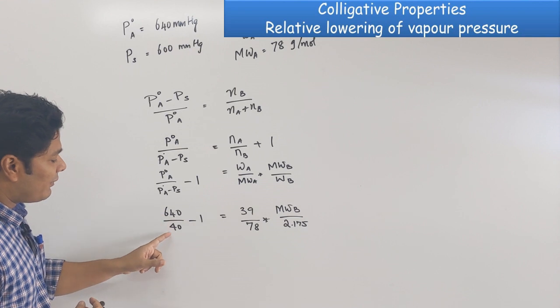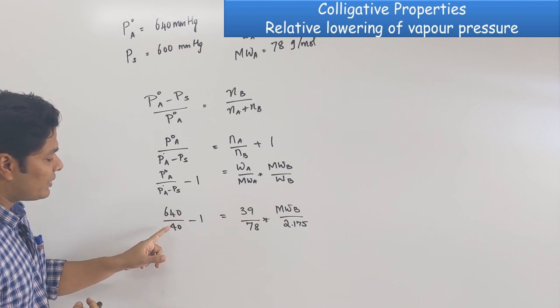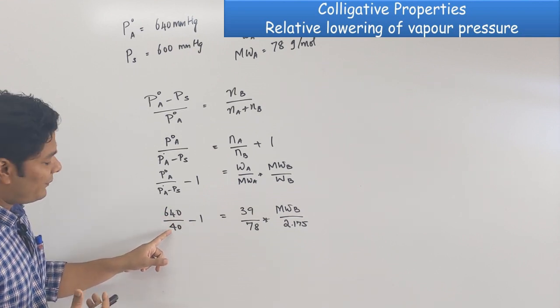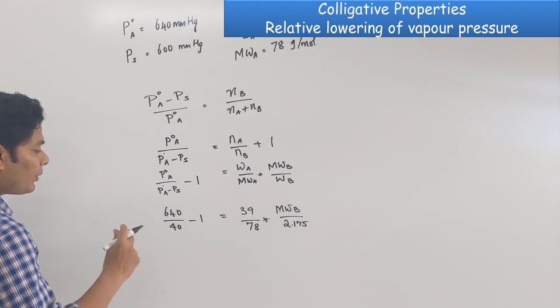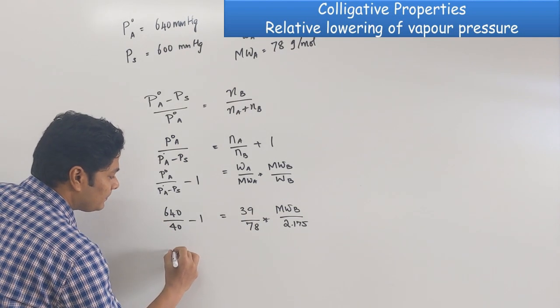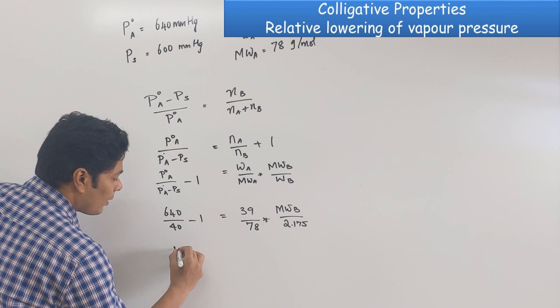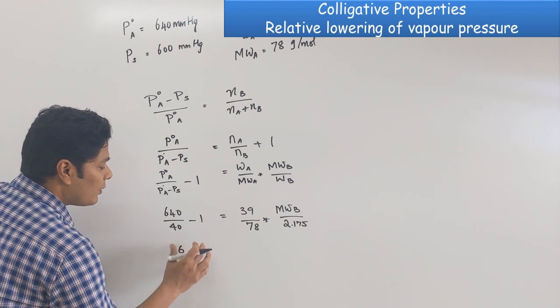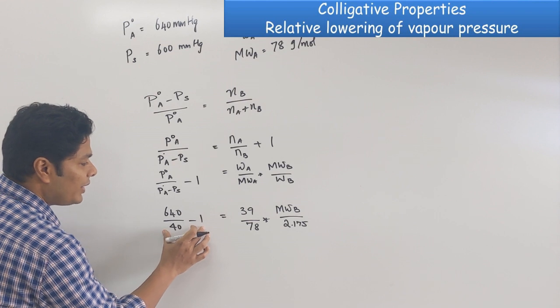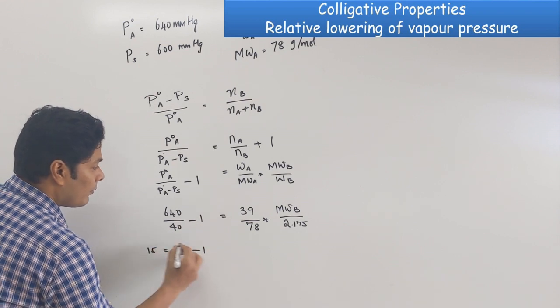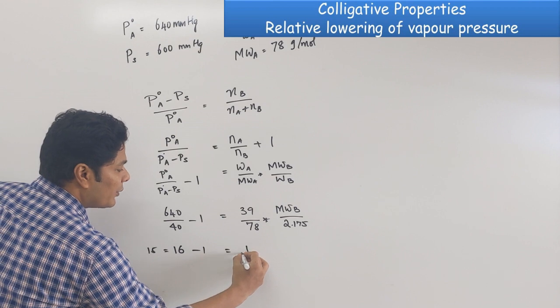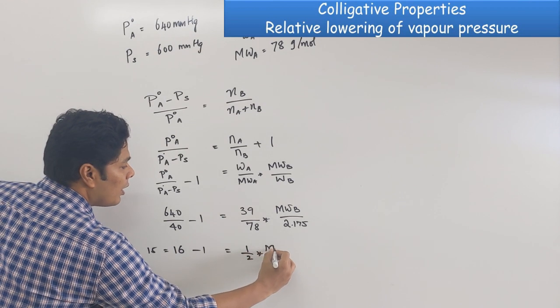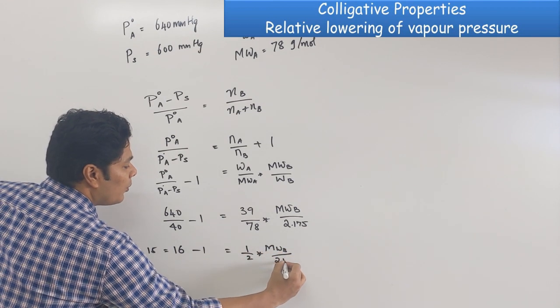Now 640 divided by 40, so 0 zeros goes away, 64 by 4. 64 by 4 is a very simple one. This is going to be 16. Correct? 16 minus 1. So now nicely this has become a round number, 15, equals 1 by 2 times molecular mass of B divided by 2.175.